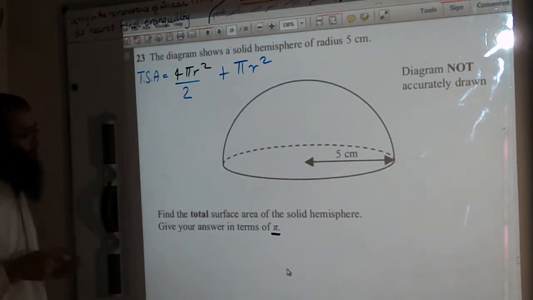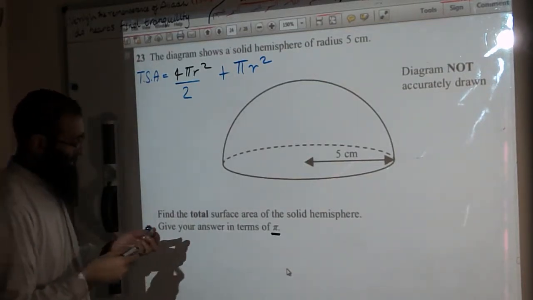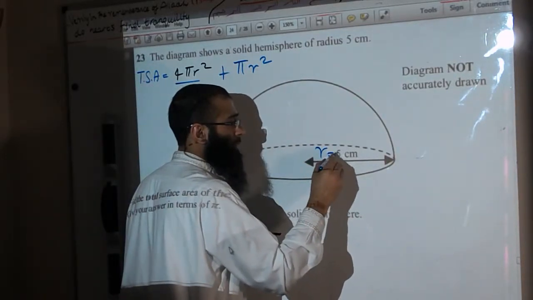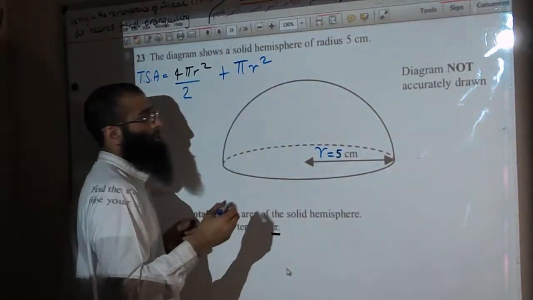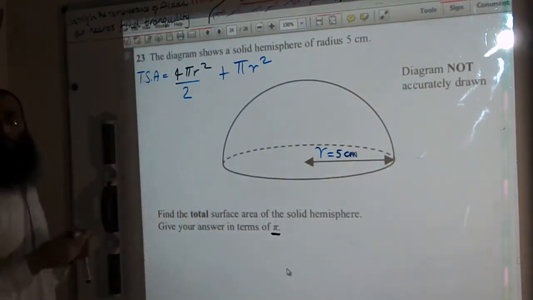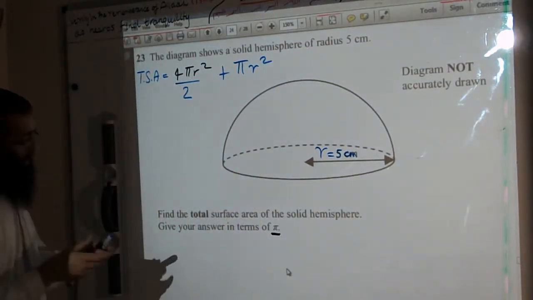Okay, right. Now what is the value of the radius? 5 centimeters. Alright, should we put 5 in those places and start simplifying now? Should we go for it?